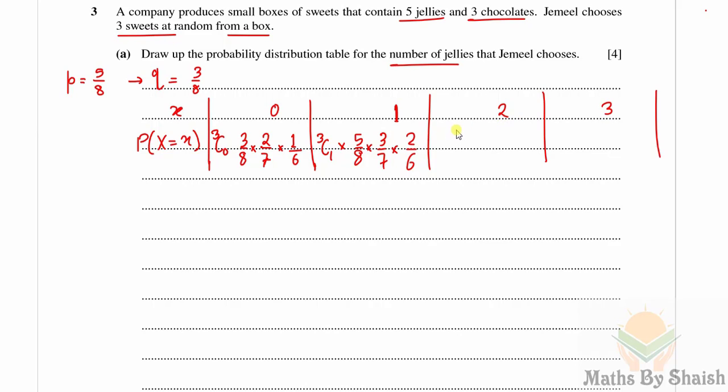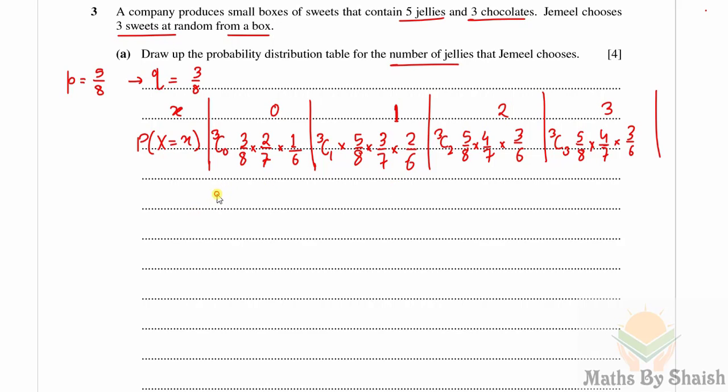Similarly for 2 jellies, it is going to be 3C2, 5 over 8 into 4 over 7 into the last 3 over 6 for the chocolate. And for all 3 to be jellies, it is going to be 3C3, 5 over 8, 4 over 7, because 1 has been removed, and then 3 over 6.